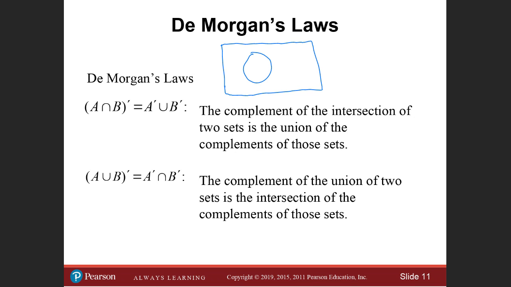So if I have two sets here, let's label this as U here. This is set A and set B. U means universal set.